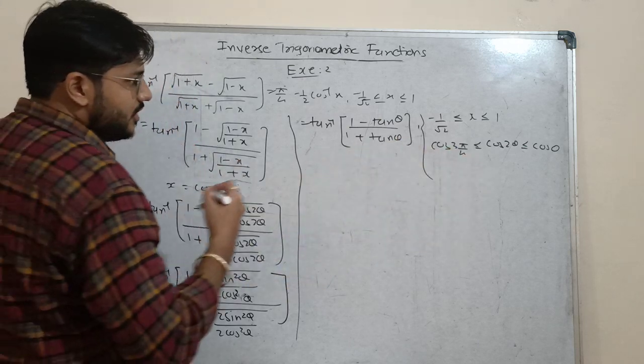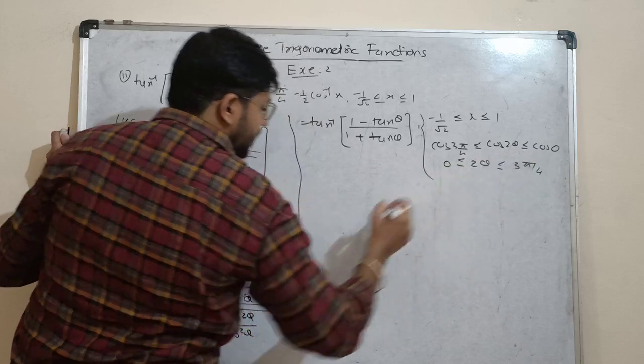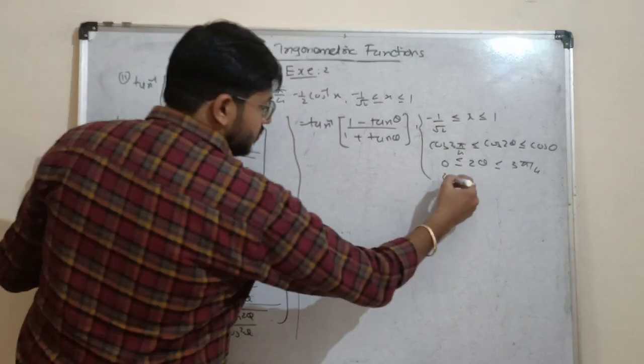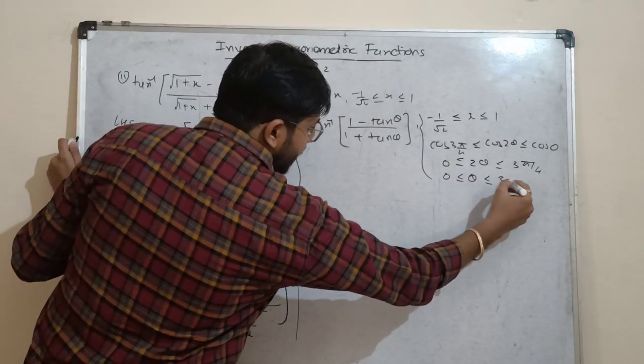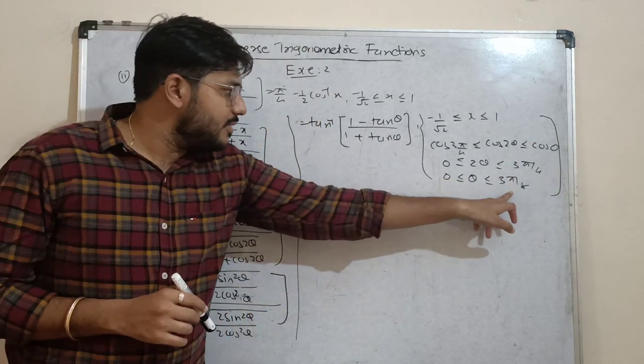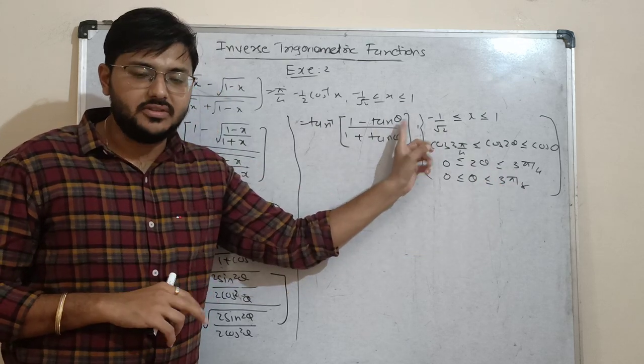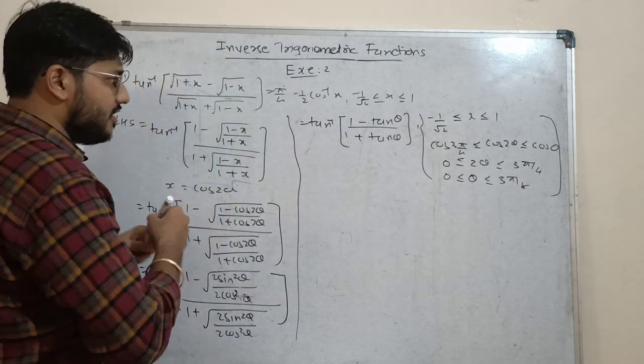So if I remove the function, I have to change the inequality, and then if I want theta, divide by 2, so we get 0 to 3 pi by 8. Now just check, 0 to 3 pi by 8 represents the first quadrant, and in the first quadrant tan is positive. That's why I have not put modulus, because it will give us a positive answer. Hope you understand this point.